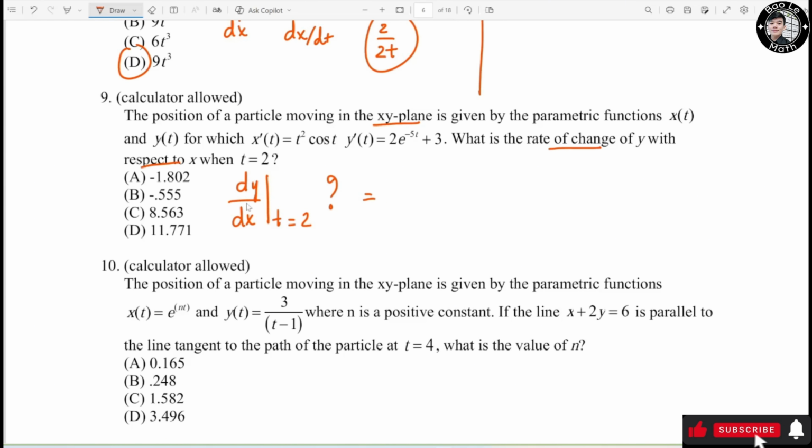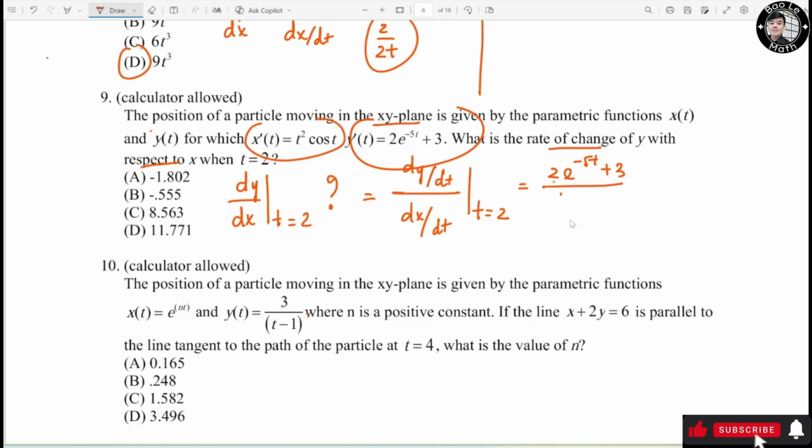So we're going to divide the top and bottom by dt, right? So we have dy over dt divided by dx over dt, right? At t equals 2. So dy over dt is right here. dx over dt is right here. Evaluated at t equals 2, right?